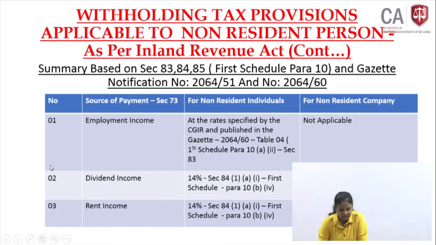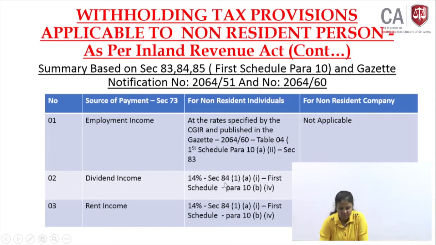In that, the second one is the dividend income. Dividend income, these are actually what returns? Investment returns. Okay. Then dividend income, it's 14% for a non-resident individual. For a non-resident company also the rate is 14%. These are the withholding tax rates.